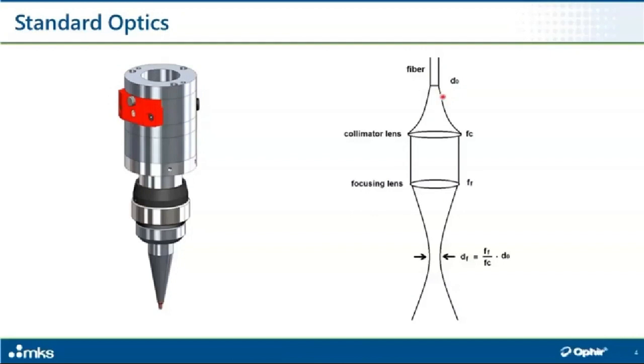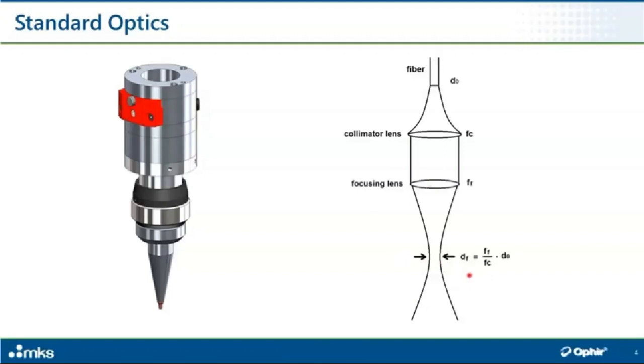The beam exiting from the fiber is diverging, and therefore you need a collimator lens. The collimator lens has a focal length of FC, and it collimates the laser beam. Then you have a focusing lens, which focuses the beam to a small spot size where you cut the metal.